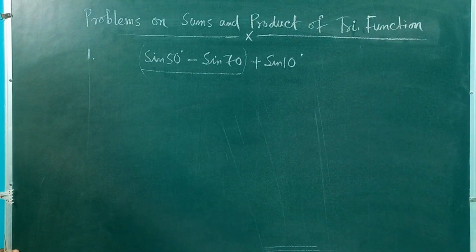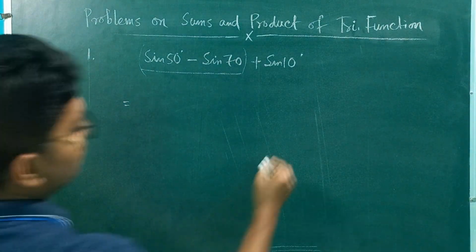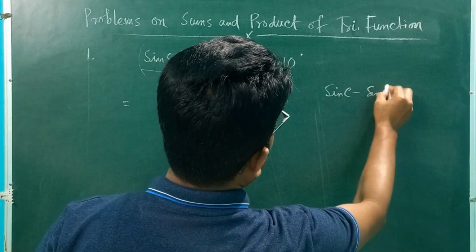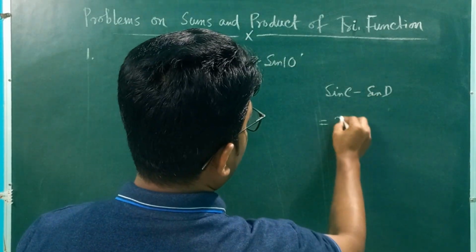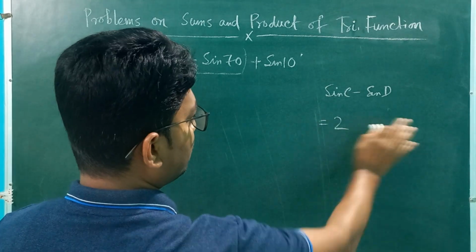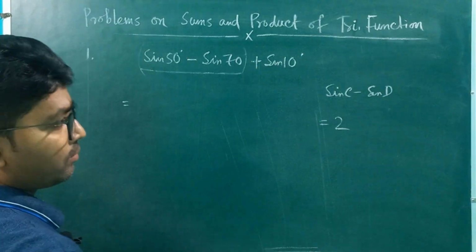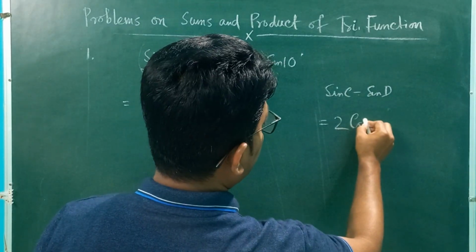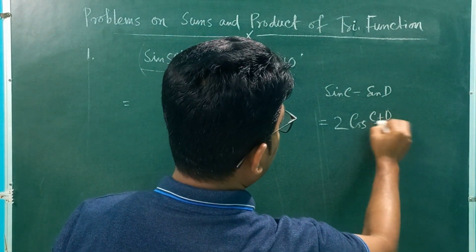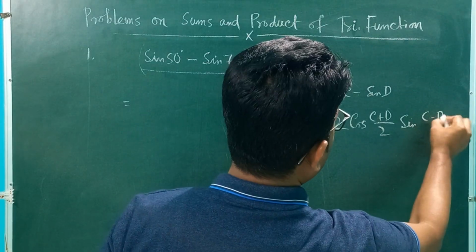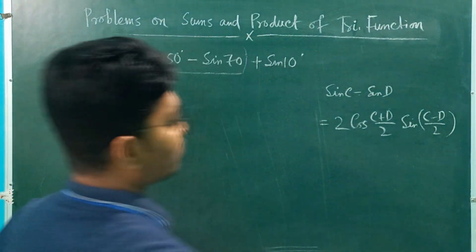So what is the rule for sin c minus sin d? You know the rule is sin c minus sin d equals 2, where 2 is the common factor for all the product forms. As there is a minus, the first term will be cos of (c plus d) by 2, and the second term is sin of (c minus d) by 2.